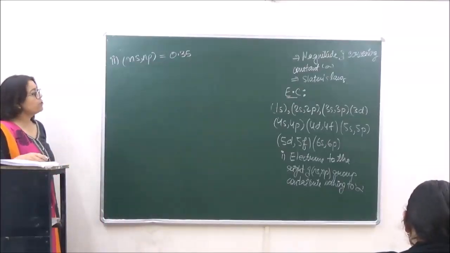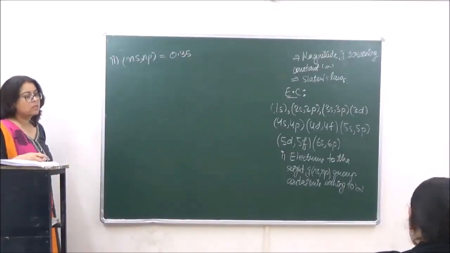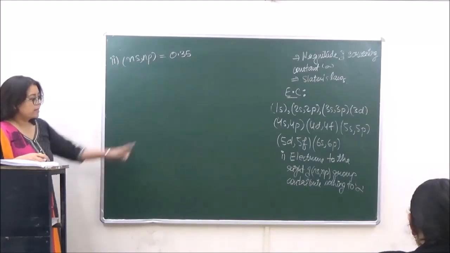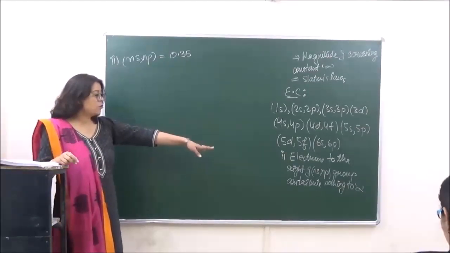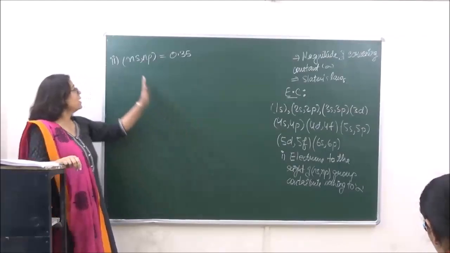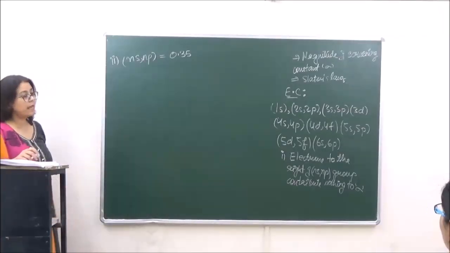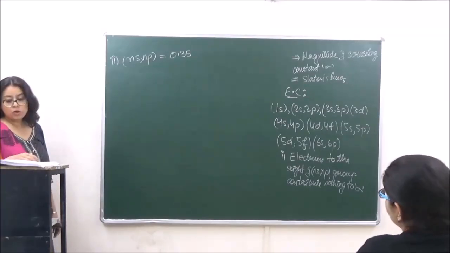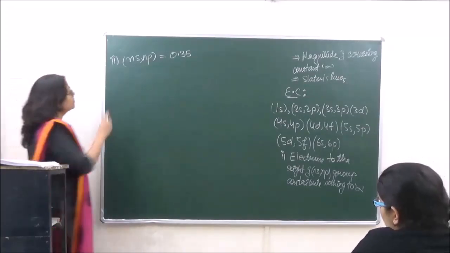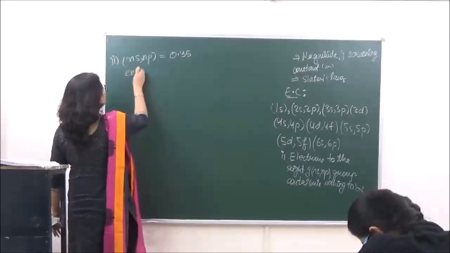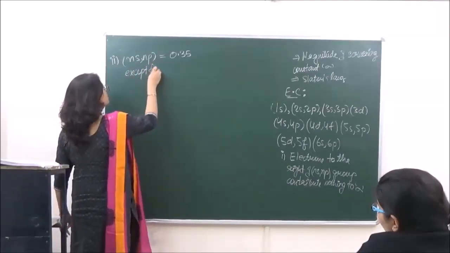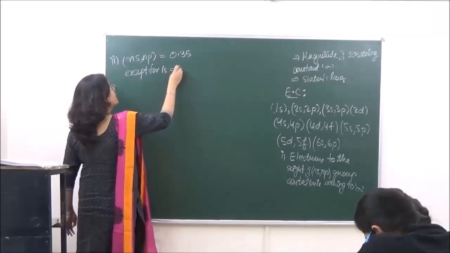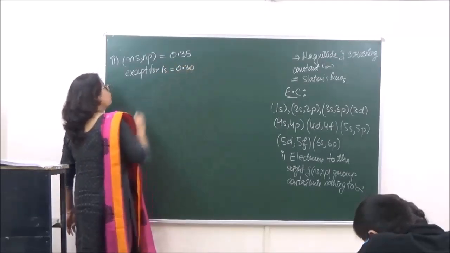Now we are talking of electrons which are to the left of the electron. Electrons to the right of the ns and p group contribute nothing, but those present to the left, all ns and p, contribute 0.35 except for 1s, which contributes 0.30.